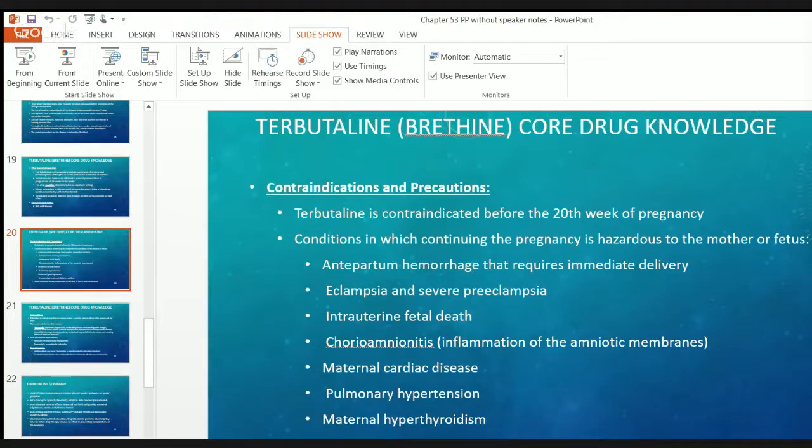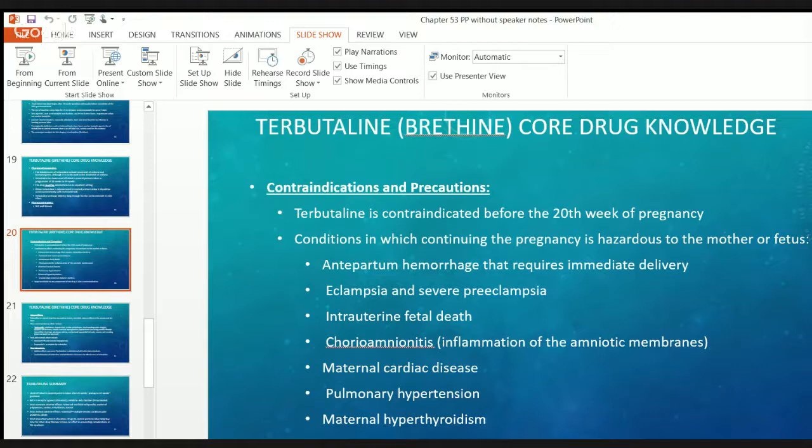We also, of course, if they are hypersensitive to any component of the medication, then we wouldn't want to give it as well. When we look at the precautions, terbutaline now carries a black box warning and should not be used for longer than 48 to 72 hours.